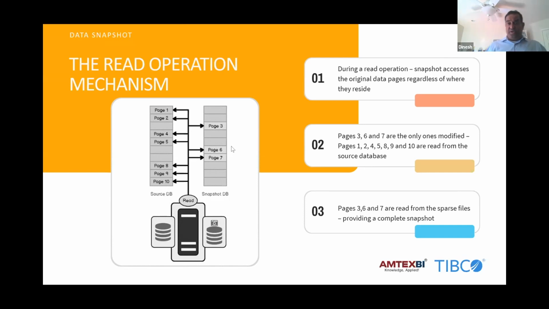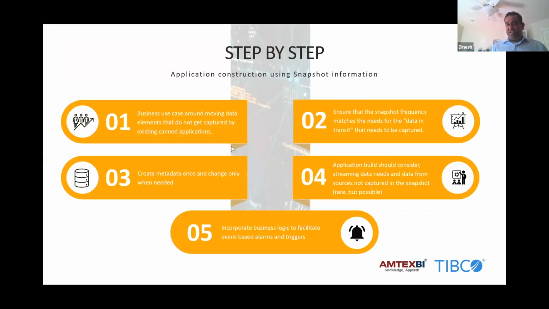Now to the most important part, which is the application construction. So now you have snapshots from a few different weeks. You've decided on your frequency. Now you want to know what you can do with the data. The first step would be to understand the data in transit, or to apply your business logic that tells you what needs to be snapshotted and what your current canned applications are.